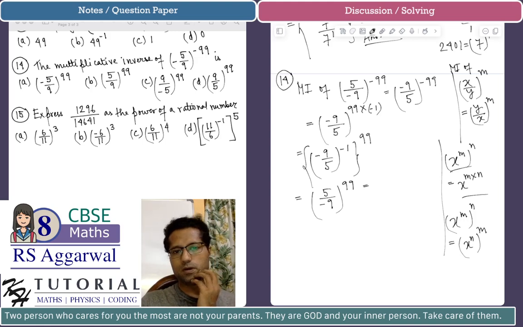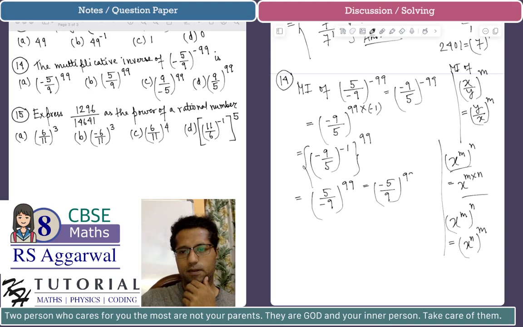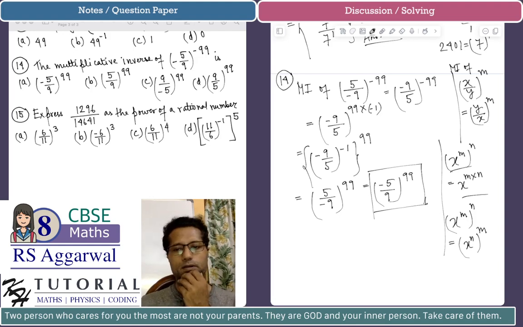Now if you make the denominator positive, it becomes minus 5 by 9 raised to the power 99. So this is the answer, and we can see it is matching with choice A.